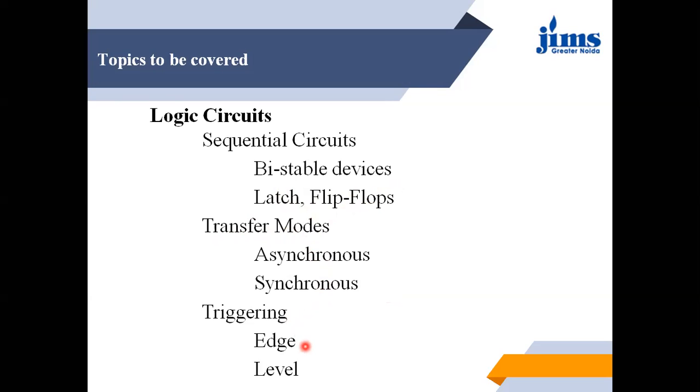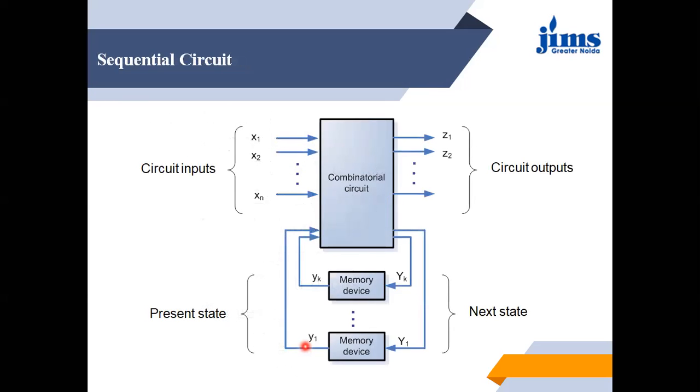We discussed earlier what sequential circuits are. When we were studying combinational circuits, and when we discussed logic circuits from the start, we discussed the difference between combinational circuit and sequential circuit. So a sequential circuit has memory. As we discussed at that time, a sequential circuit has memory.